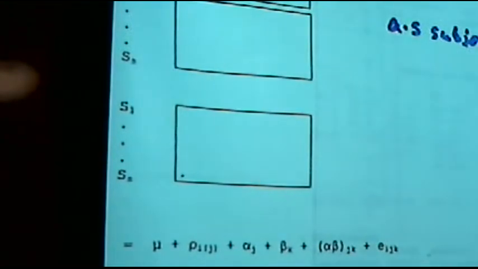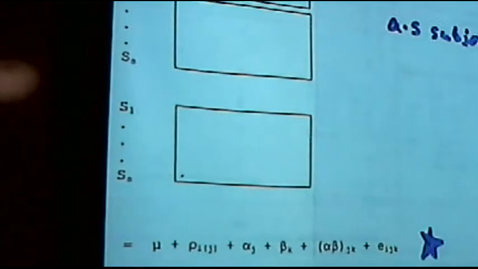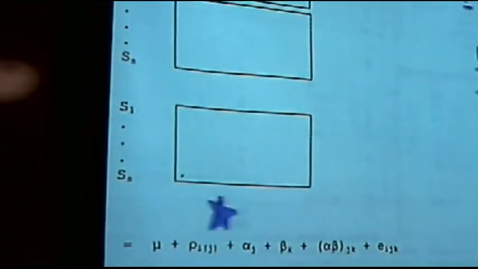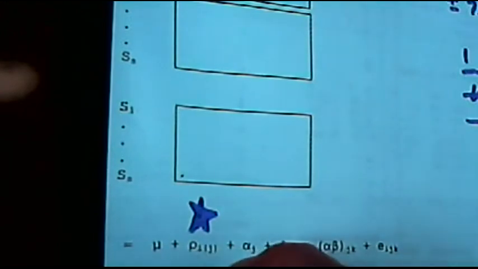Now we need a model for this two-factor problem, and that's given down here. Now notice what's happening here in that we have an overall mean mu.